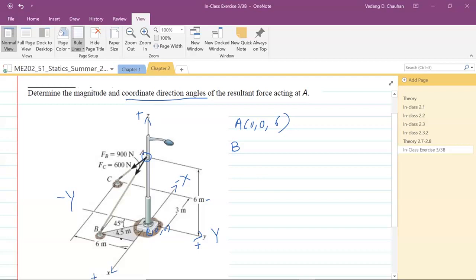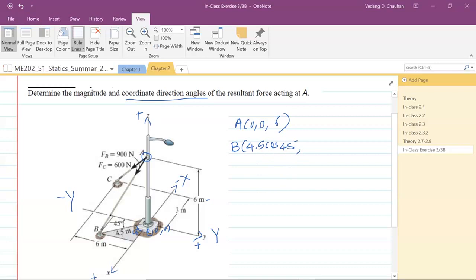So we need to find the projection of this line on the x-axis. It's 4.5 cosine 45. That gives us the x coordinate, because this angle is also 45 degrees. So 4.5 cosine 45 is the x coordinate, and that's along the positive direction.